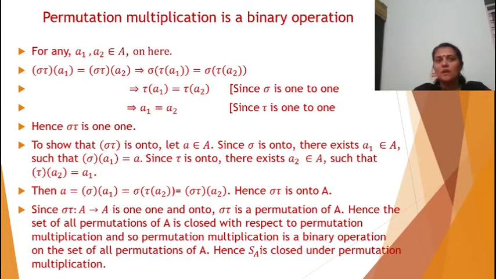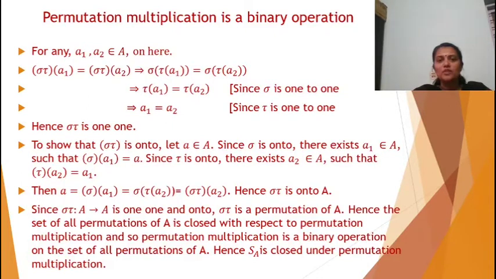We wrote it in the composite form. We know sigma is 1-1, so sigma of tau of A1 equal to sigma of tau of A2 gives tau of A1 equal to tau of A2. That is our definition of 1-1: f of x1 equal to f of x2 implies x1 equal to x2. So we removed the sigma, and tau of A1 is equal to tau of A2. Now again tau is 1-1, so we remove the tau and A1 is equal to A2. Hence sigma tau is 1-1.